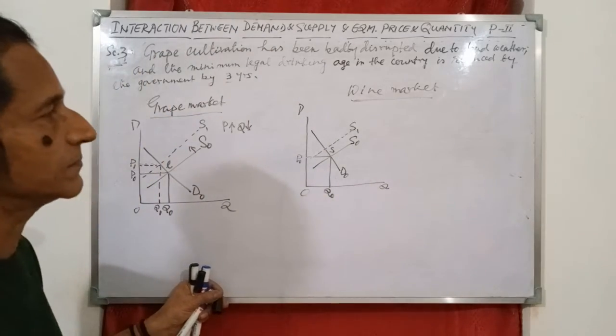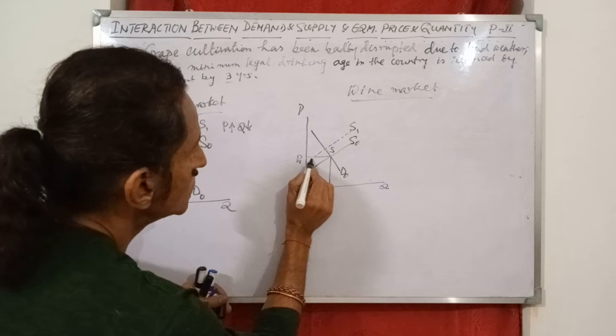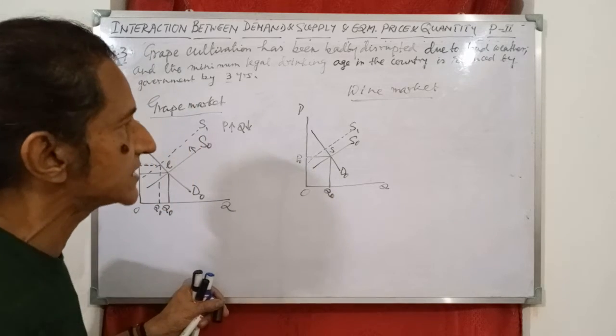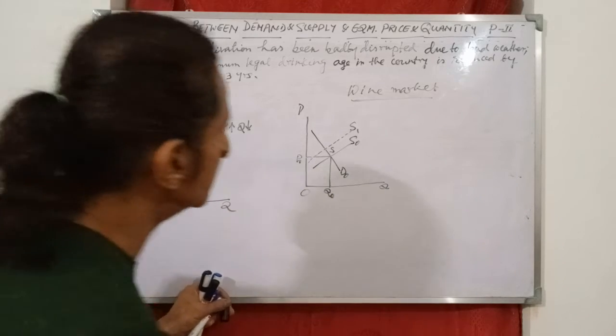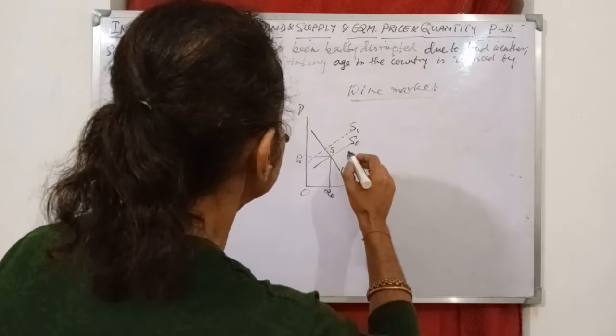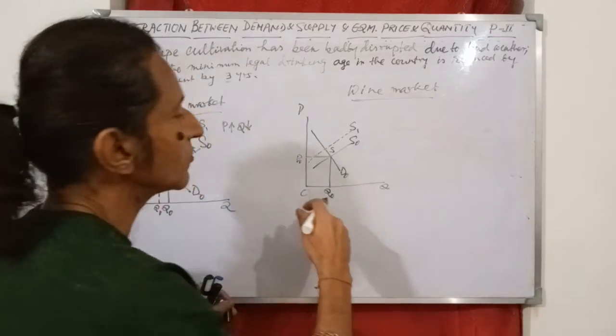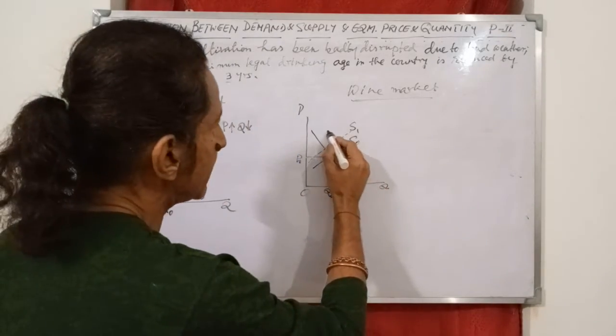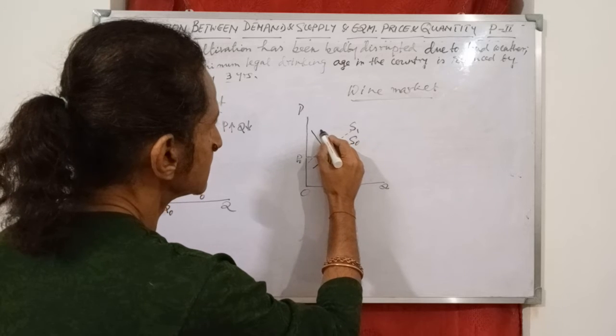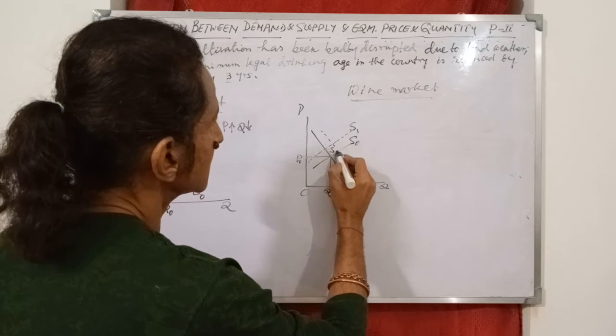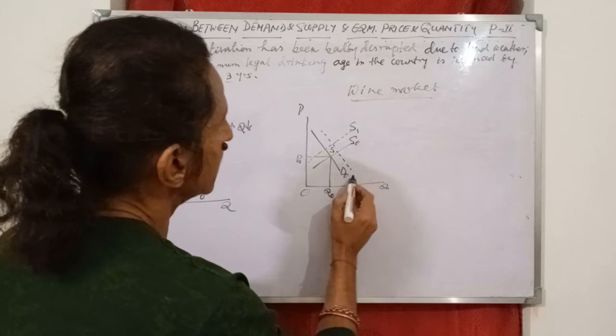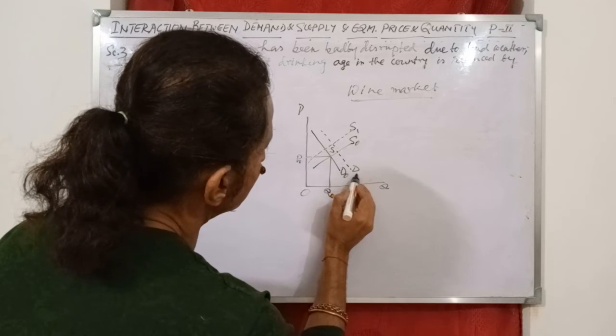At the same time, due to reduction in the minimum legal age of drinking alcohol, demand for wine will increase. So the demand curve will also shift rightward. Let this be the new demand curve, D sub 1.